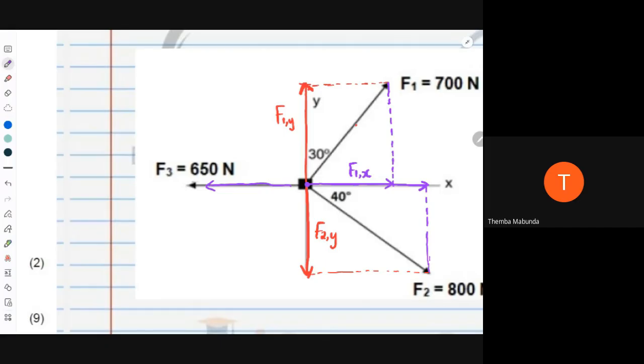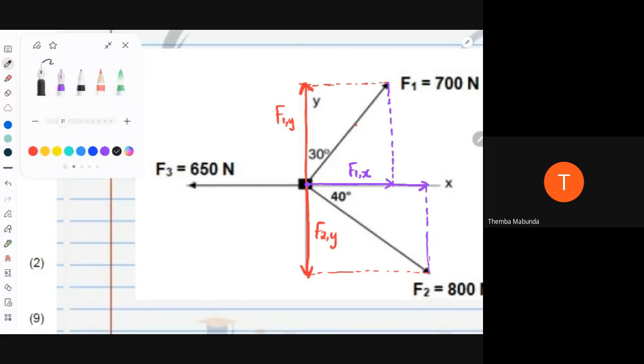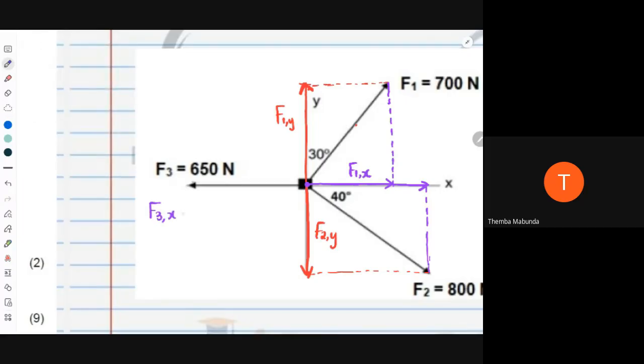Why? Because it's just on the X axis. It's not in the Y. So I can say to you now, F3x is the same as just F3, which is 650, okay?